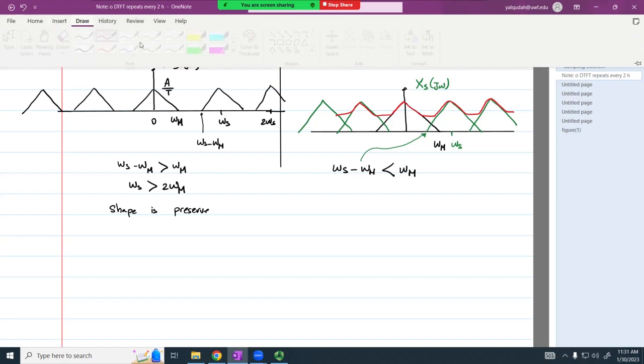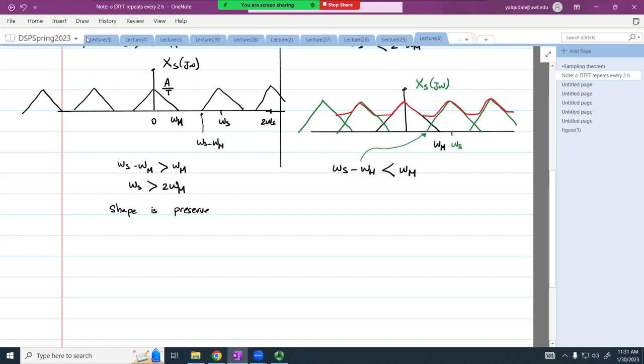So in this case, there is an overlap between spectra and there is no way to obtain X continuous of j omega back again.